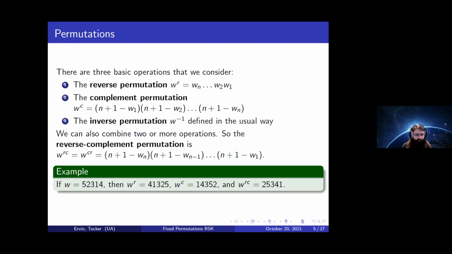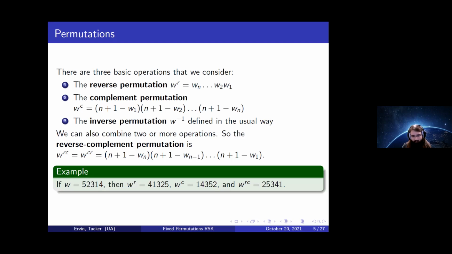So as an example, we're running with W equals 5, 2, 3, 1, 4 throughout the entire talk, just because that one's in the set we're looking at. And so it's a really nice one to play with. So the reverse of W, you just write it backwards, 4, 1, 3, 2, 5. The complement of W, you apply the process, you get 1, 4, 3, 5, 2.